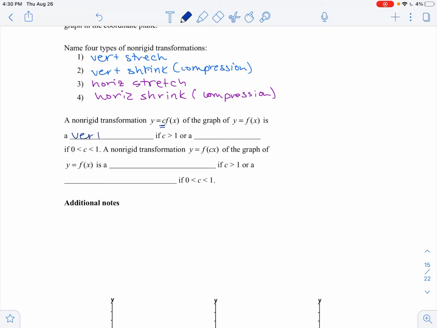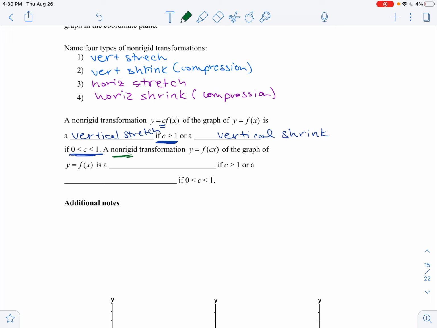So it's a vertical stretch if c is positive and bigger than 1, okay? Or it's a vertical shrink if c is a fraction but still positive.